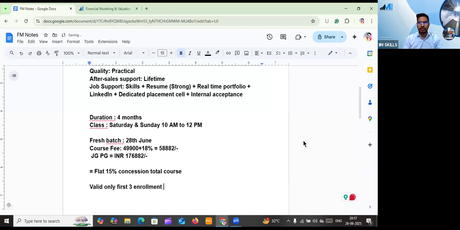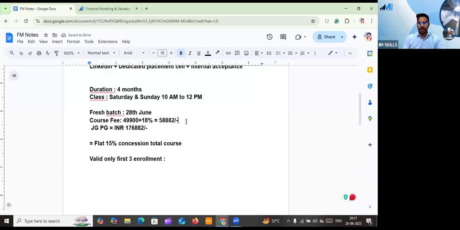For example, if anybody enrolls in the course costing 58,882, after the 15% discount the course fee will be 50,050 rupees.